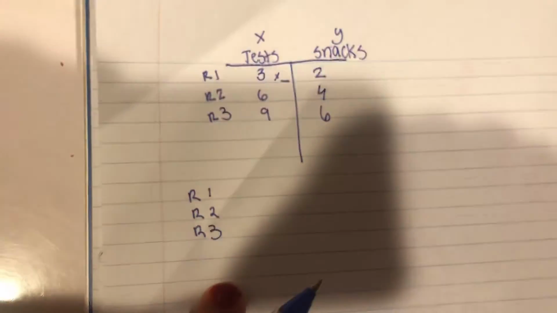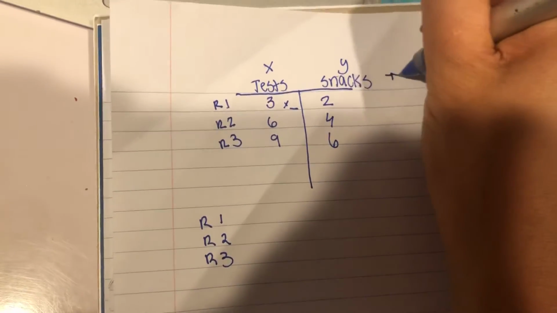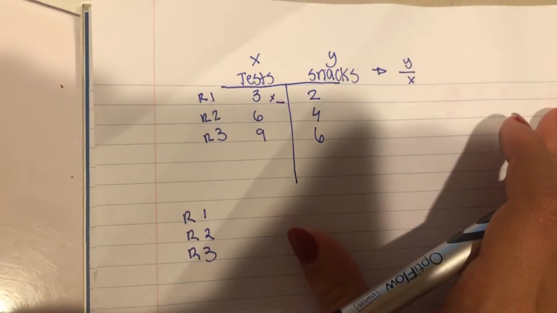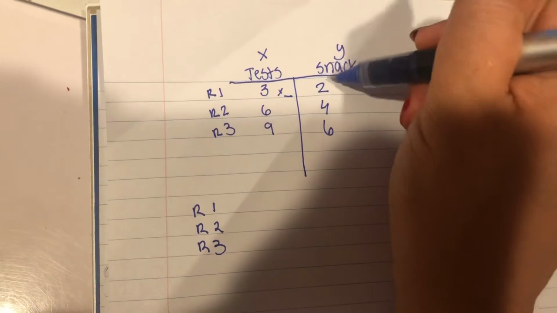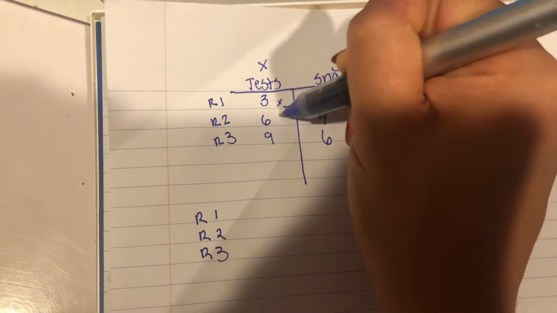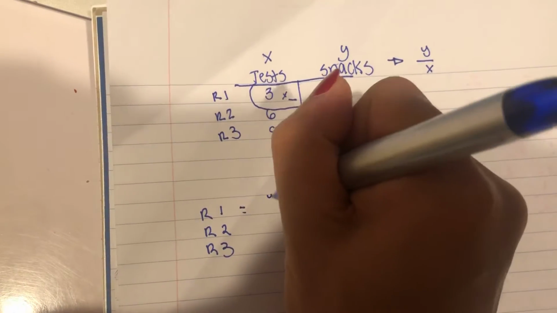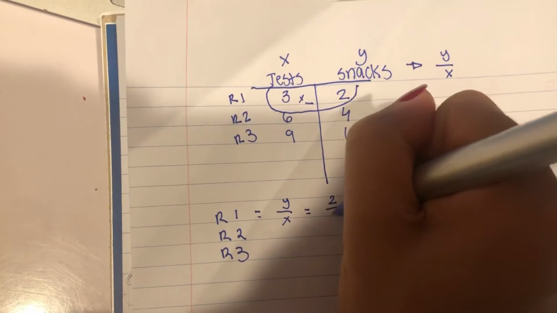The first thing is I'm going to set up all these ratios as Y over X, right? Because that's really what we're trying to always remember. So ratio 1 is 2 to 3. So I'm going to put ratio 1 equals Y over X, and that gives me 2 to 3.